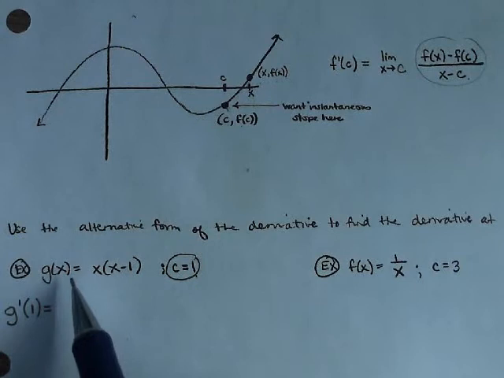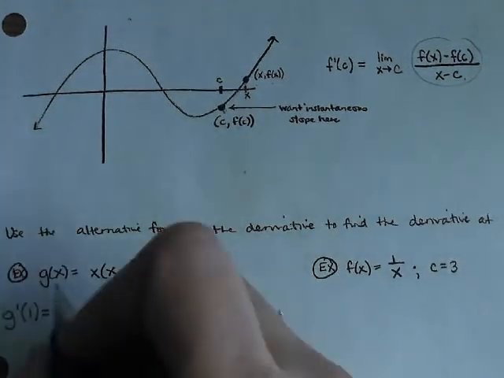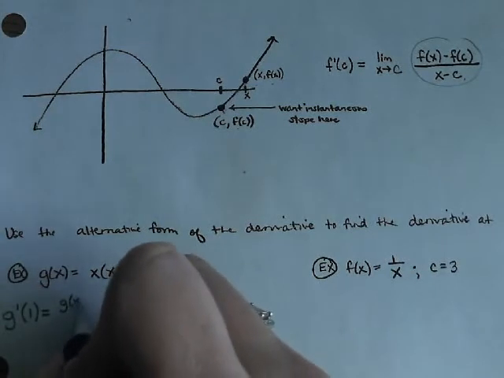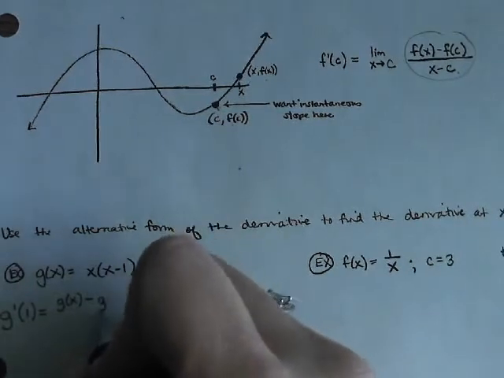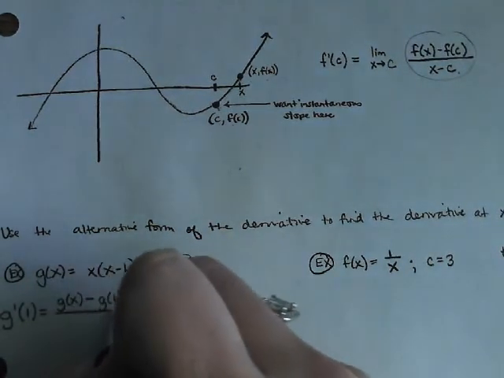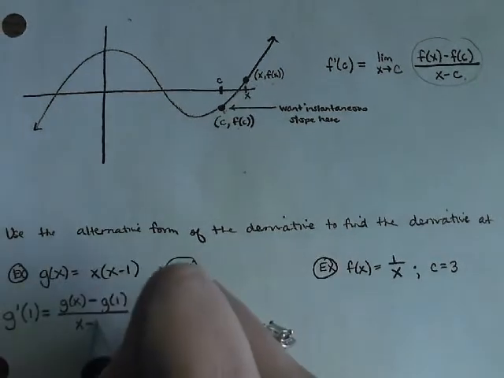Okay? And actually, because this function is g of x, I'm going to use g of x instead of f of x. So it's going to be g of x minus g of c, which in this case is g of 1, divided by x minus your c of 1.